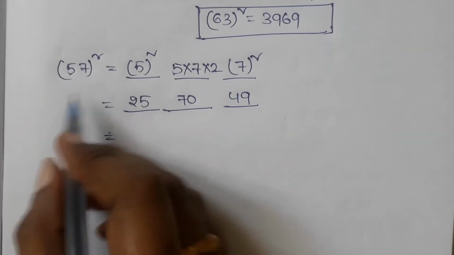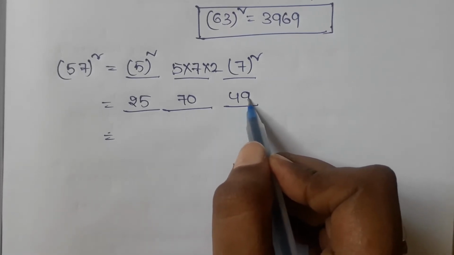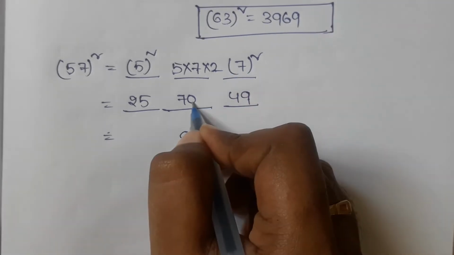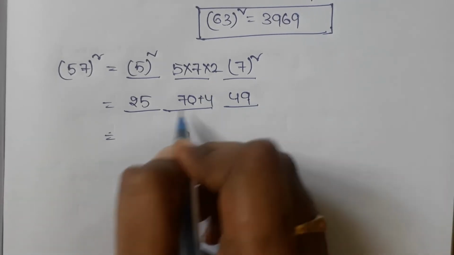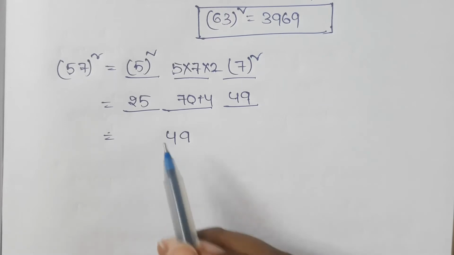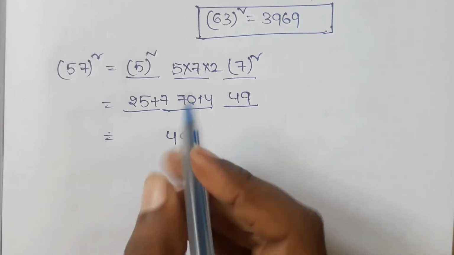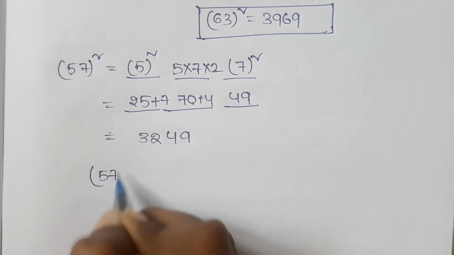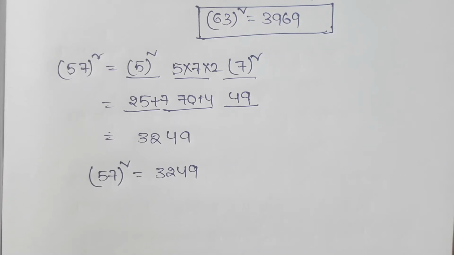Now from 49 we write only 9, and 4 is carried forward to the previous digit, that is 70 plus 4, 74. In 74 only 4 is written, and the 7 is carried forward to the previous digit, that is 25 plus 7, which is 32. And now 57 whole square is 3249.